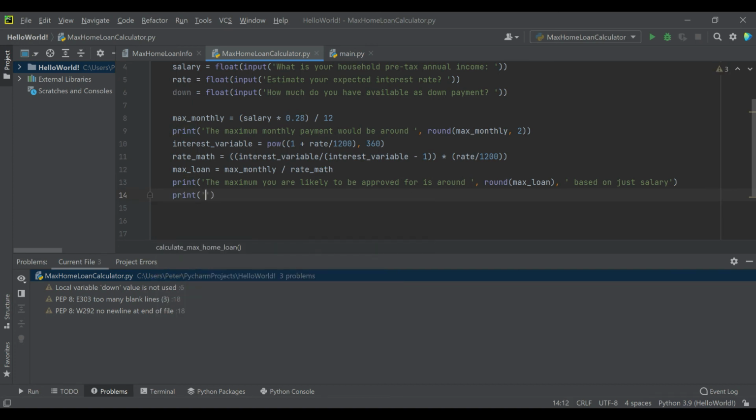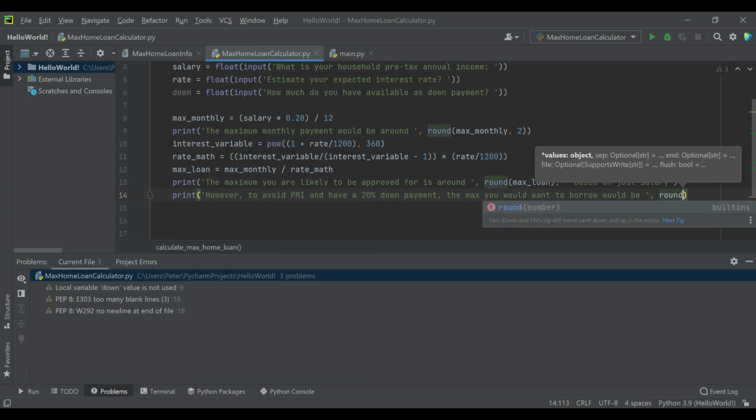That's pretty cool, but let's do a second thing as well and tell them, like we're acting in their best interest: however, to avoid PMI, which is the added expense if you're not up to a 20% down payment, the max you would want to borrow would be, and then let's say round our down payment times 5, right?